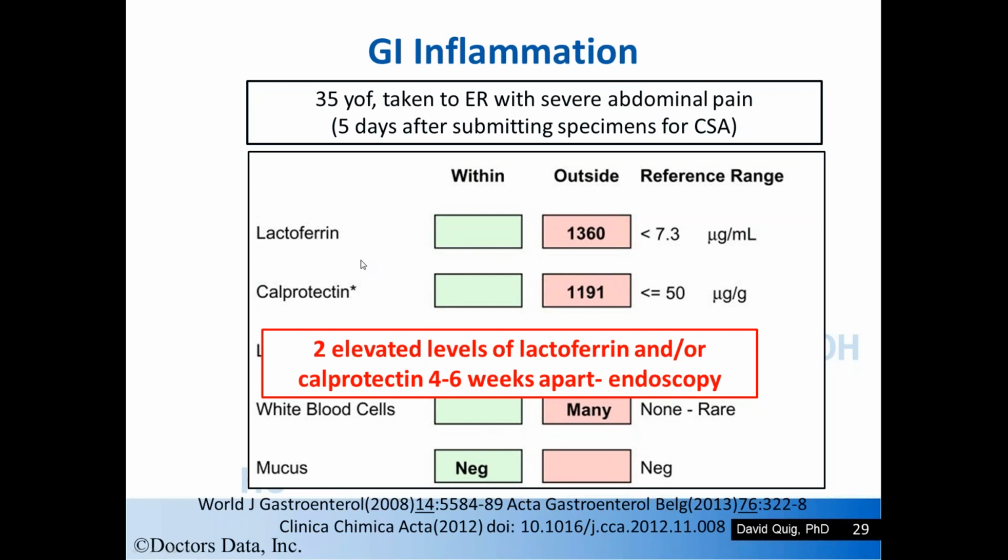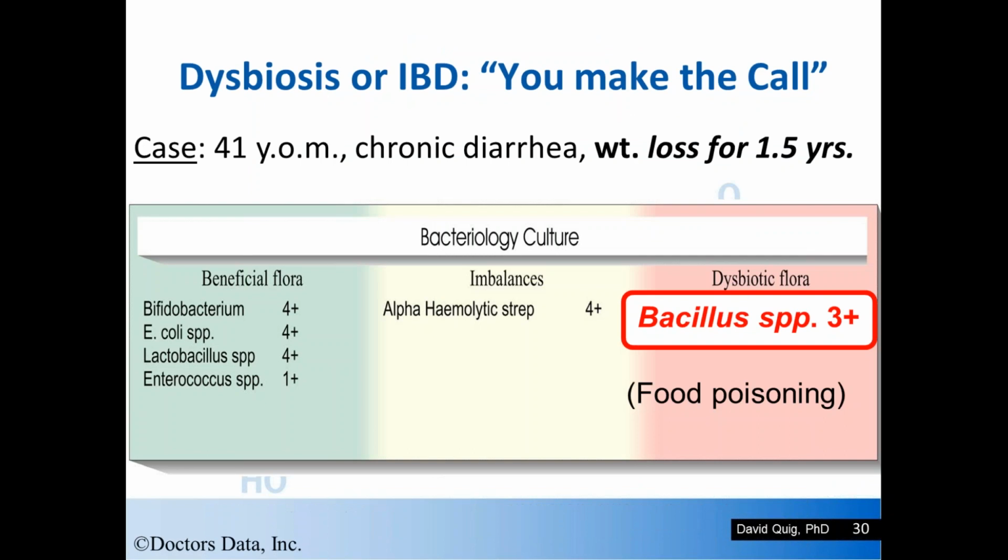Now, it's highly recommended with 2 elevated levels of lactoferrin or calprotectin 4 to 6 weeks apart that the patient be referred for endoscopy. And interestingly, lactoferrin and calprotectin never normalize with true IBD. They will be lower during remission. However, they're never as low as normal or patients that do not have IBD. So a very useful marker for IBD.